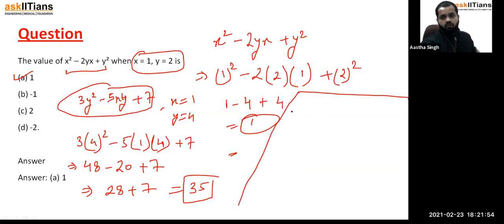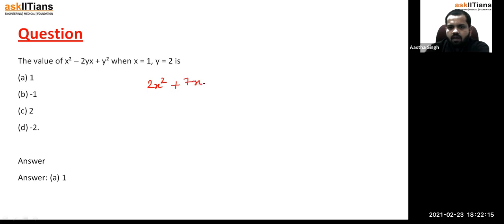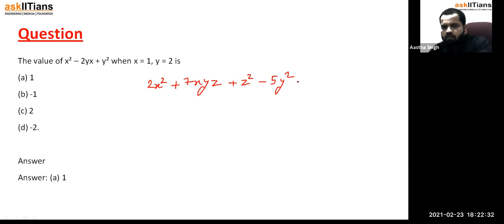Suppose now you have to calculate... Okay, let me just erase all. Suppose a question is given for you with three variables: 2x square plus 7xyz plus z square minus 5y square plus 9.